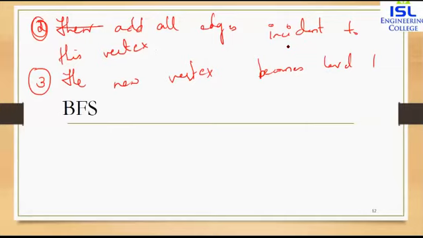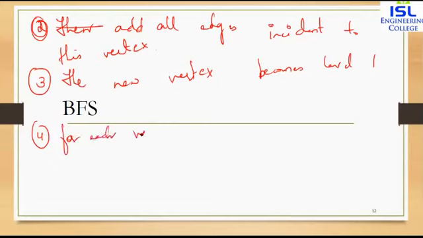As we are adding the new vertices, you have to give an order to them. After that, for each vertex at level 1 visited in order, add each edge incident to this vertex to the tree as long as it does not produce a simple circuit. So what are we doing in the fourth step?